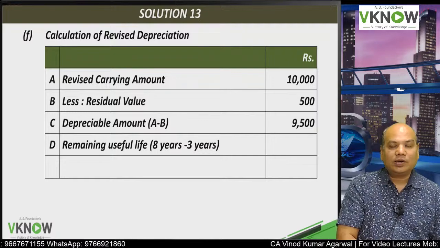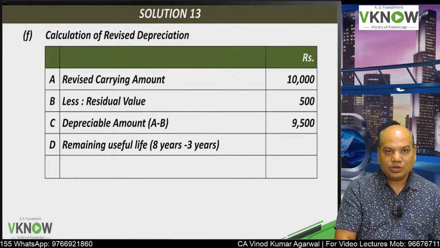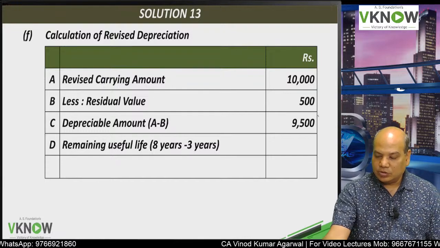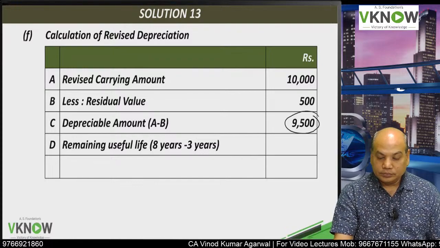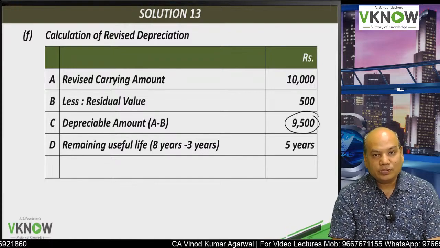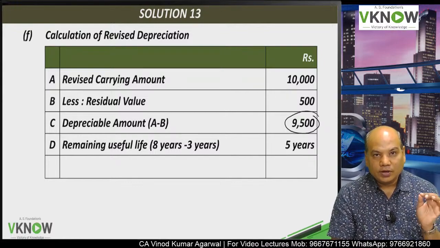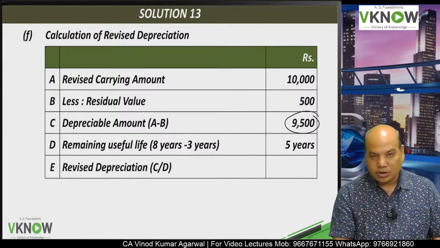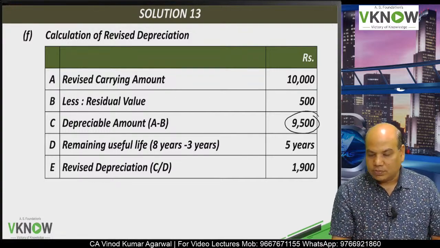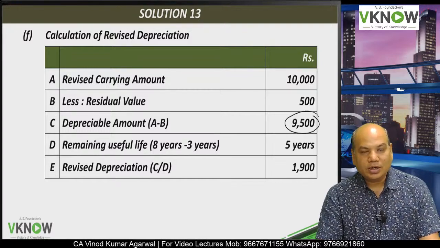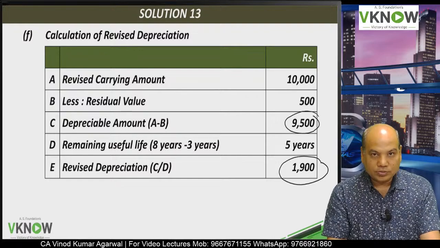Carrying amount minus residual value is depreciable amount. This is the amount which you can depreciate now over the remaining useful life. What is the remaining useful life? Remaining useful life is 5 years, and therefore revised depreciation is 1900. 2 marks for this also.